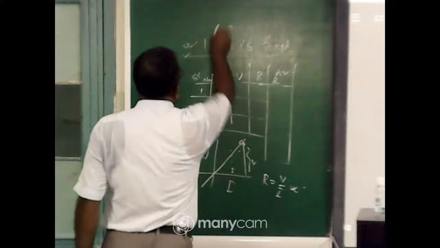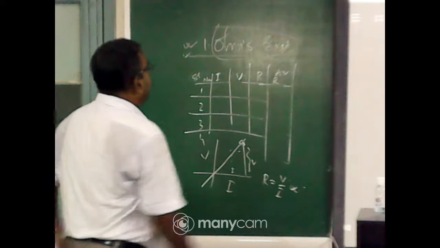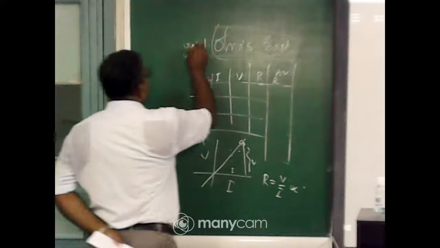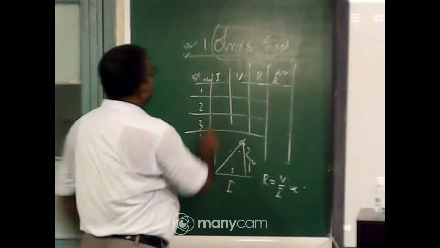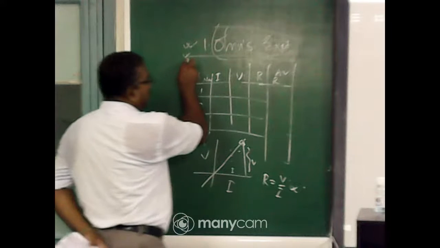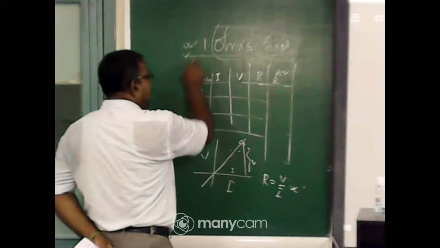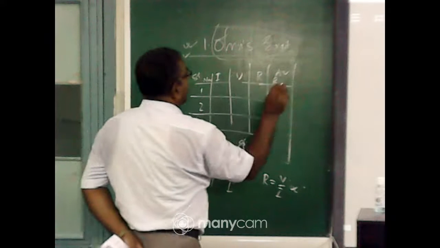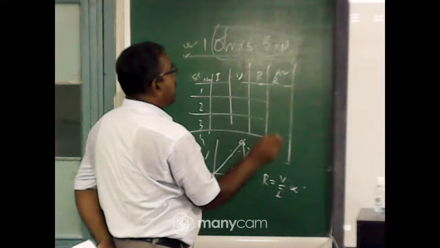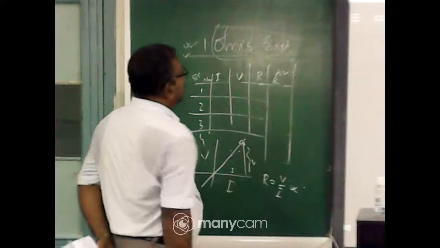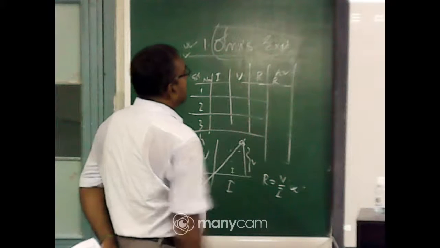You note first the aim of the experiment, two lines, and then the theory, which is Ohm's law. Then apparatus required: 1 voltmeter, 1 ammeter, 1 rheostat, 1 resistance, 1 key, 1 battery, and insulated connecting wires.